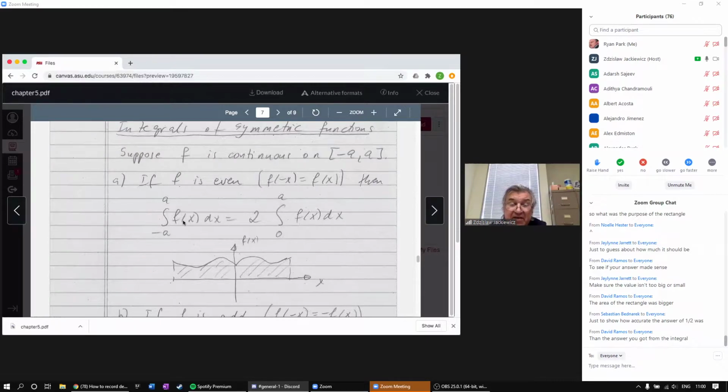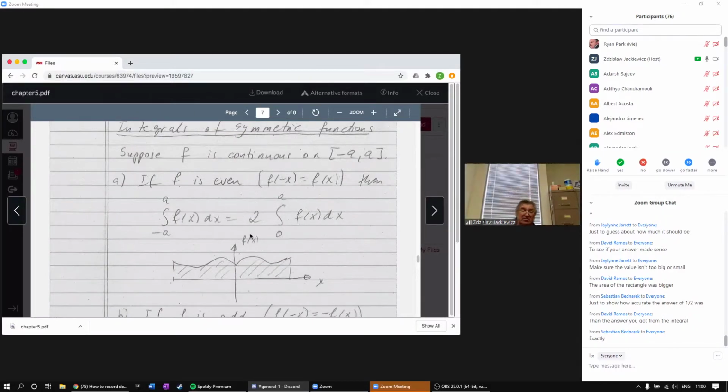And if the function is even, and you have to compute the integral from minus a to a of f of x dx, you compute the integral from 0 to a and take it twice. Here is the interpretation. An even function looks like this: this part is just the reflection of this part, as if this is a mirror. So, of course, this area here, this and this, is this area twice.